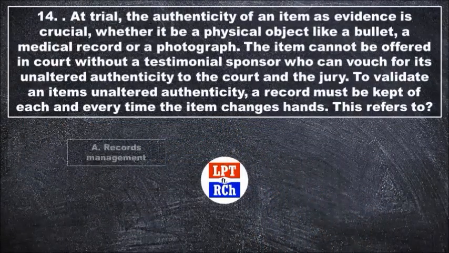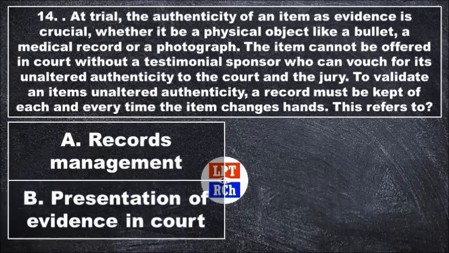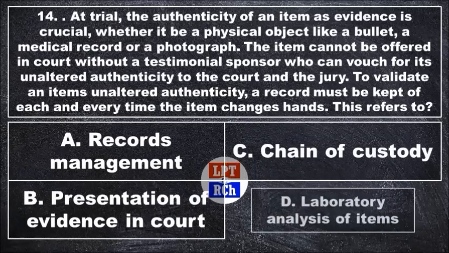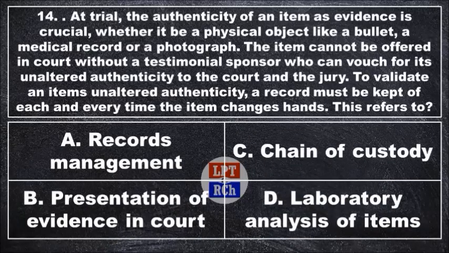14. At trial, the authenticity of an item as evidence is crucial, whether it be a physical object like a bullet, a medical record or a photograph. The item cannot be offered in court without a testimonial sponsor who can vouch for its unaltered authenticity to the court and the jury. To validate an item's unaltered authenticity, a record must be kept of each and every time the item changes hands. This refers to A. Records management.